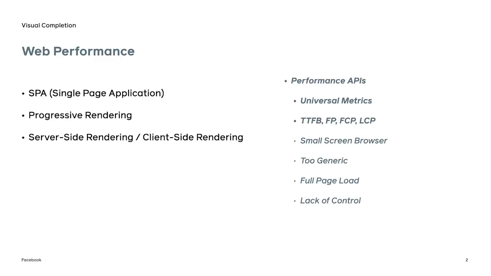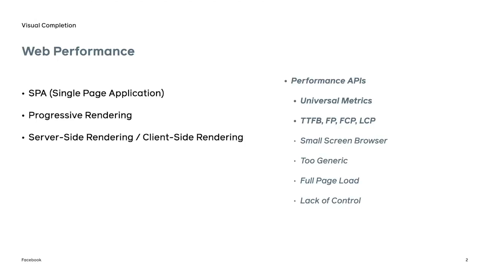They mostly work very well for generic and simple web pages like mobile websites, but sometimes they are not very accurate if page rendering behavior is complex and dynamic in large desktop browsers. Another limitation of generic APIs is that they are mostly focused on full page loading rather than user interactions because of lack of control on interactive rendering.